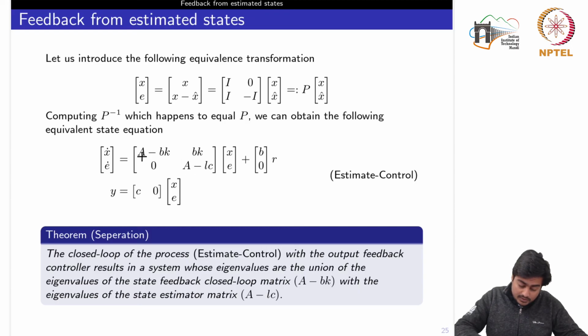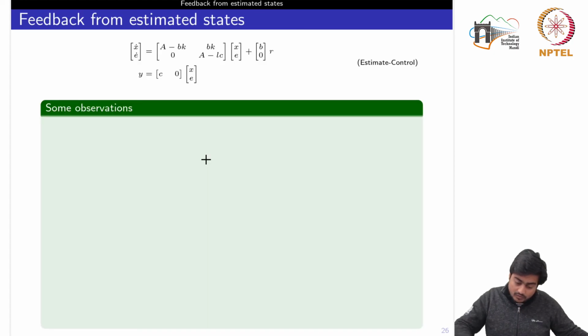So that's why we say that this is a separation property, and it also speaks about that both the controller and the estimator can be designed separately. No one has any effect on the other. Okay, let's see some couple of more observations.